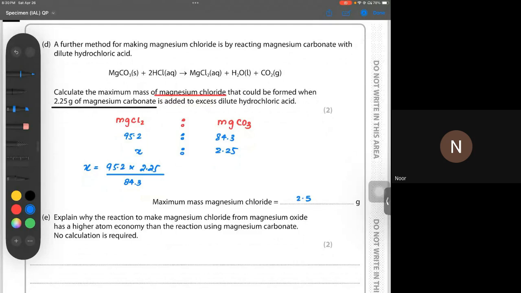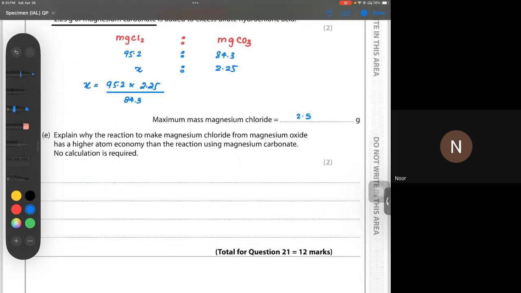Okay, simple. Explain why the reaction to make magnesium chloride from magnesium oxide has a higher atom economy than the reaction using magnesium carbonate. No calculation is required. What do you think?